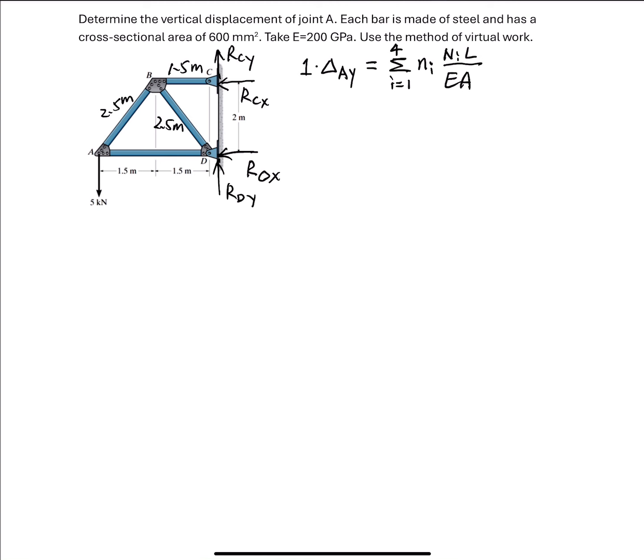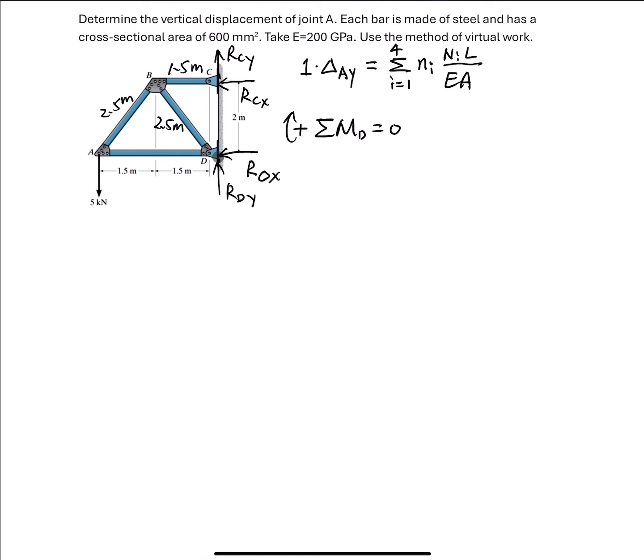Then we can use the equations of equilibrium to work out the values of some of the reaction forces. First of all, if we write down the moment equation of equilibrium at joint D, we can solve RCX, because Rdy, Rdx, RCy don't have a moment about joint D. So we write down the moment equation of equilibrium at joint D, sum of moments equal to 0, and we assume the clockwise direction is positive.